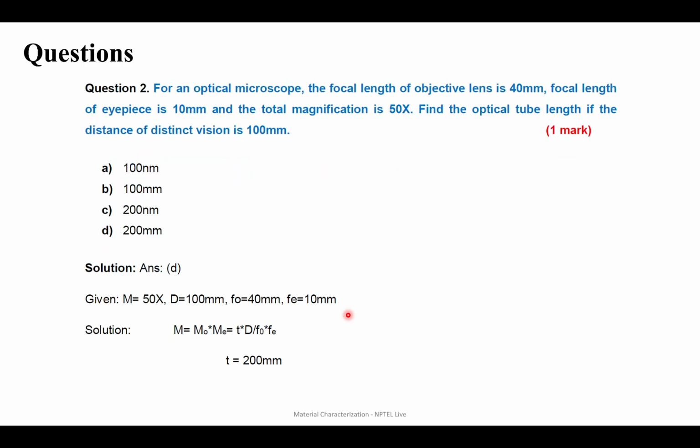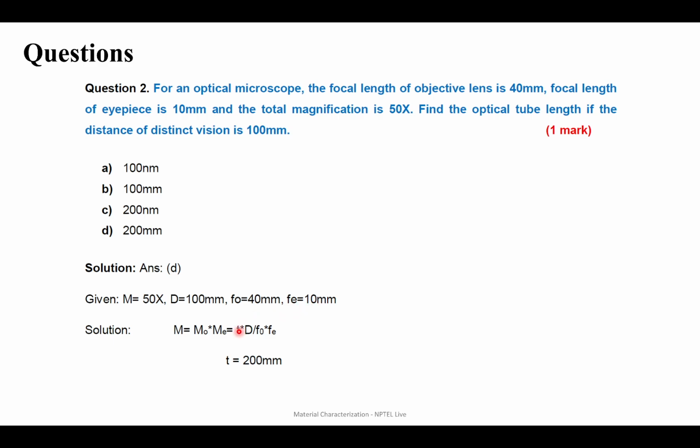That is correct. The answer is D. So again, it's a variation of the earlier question. You are given total magnification 50x, distance of distinct vision is 100 mm, objective focal length is 40 mm, eyepiece focal length is 10 mm.